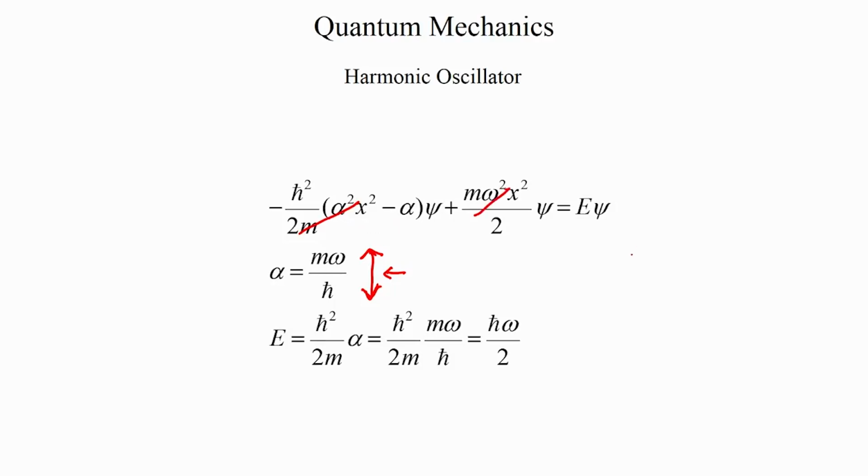So what's left on the left hand side is minus h bar square by 2m into minus alpha psi is equal to E psi.